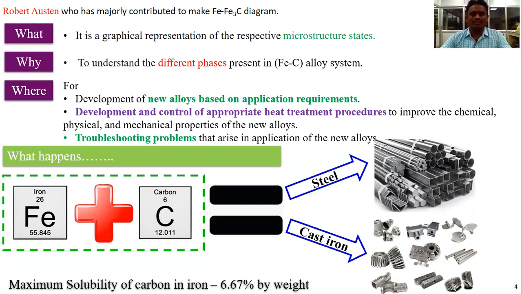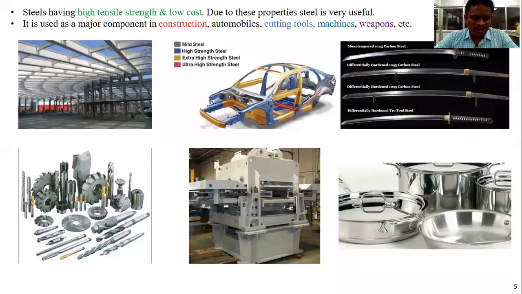On further increasing the carbon percentage in iron, instead of dissolving, carbon starts forming a graphite phase, which does not fit any of the applications. That is why the carbon percentage is limited to 6.67% of carbon. And these are the variety of applications.